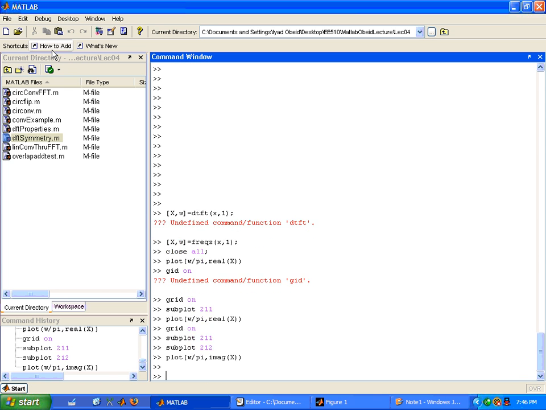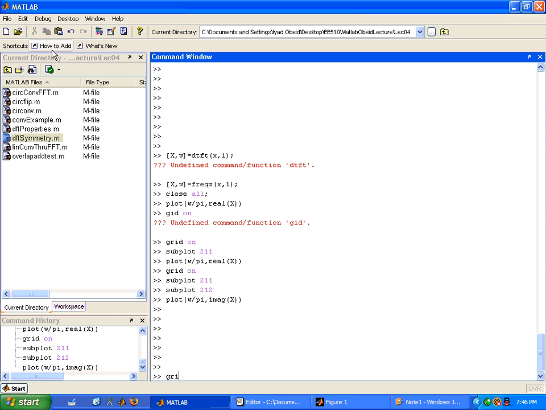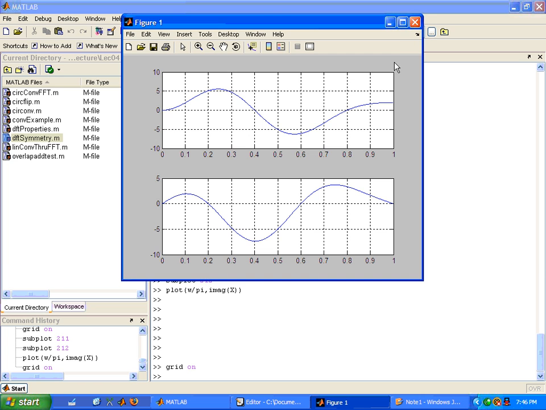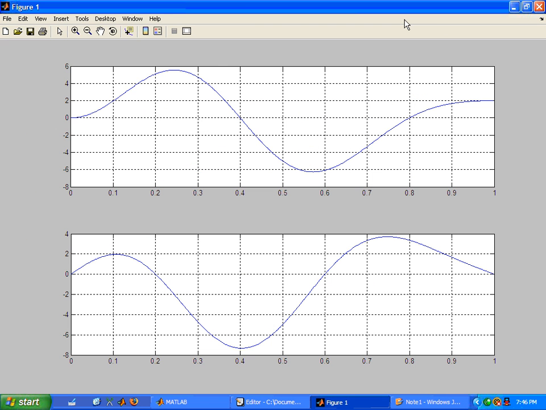So the question was, how does this relate to the DTFT? What I've done is I've taken that same signal that we just saw was odd and had a purely real DFT, and now I've taken its DTFT. The top part is the real bit, and the bottom part is the imaginary bit.